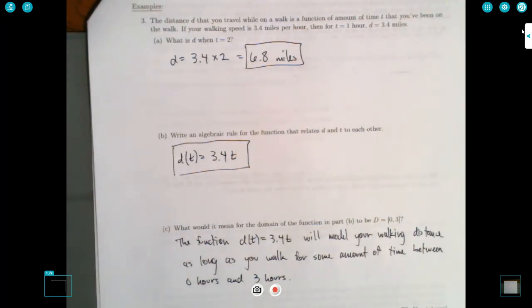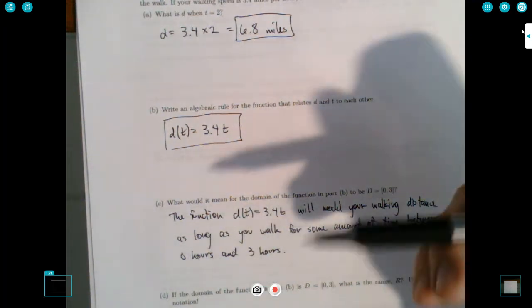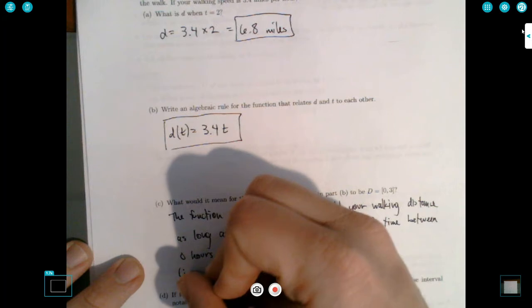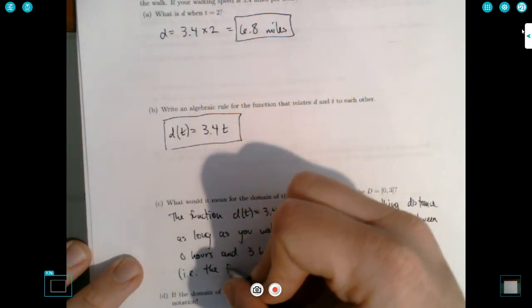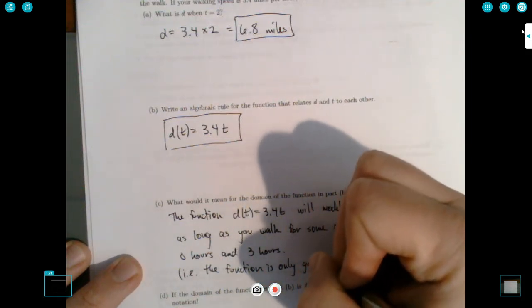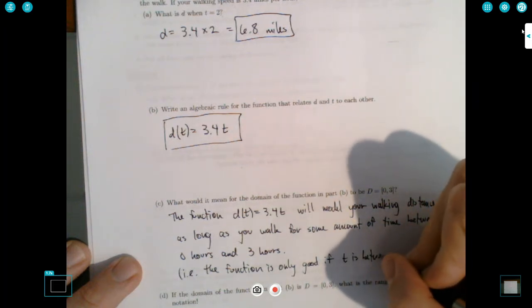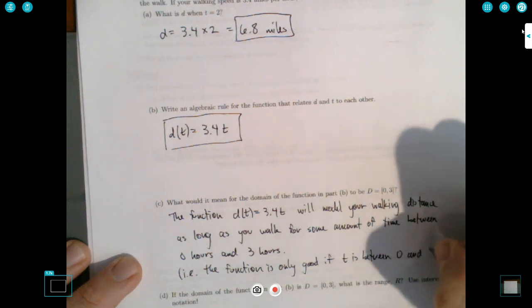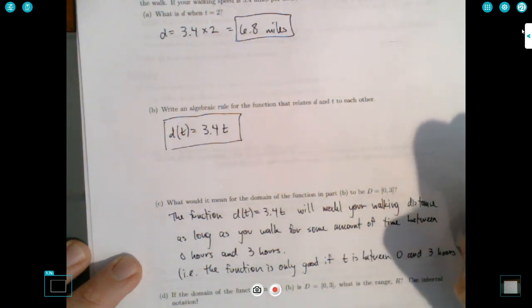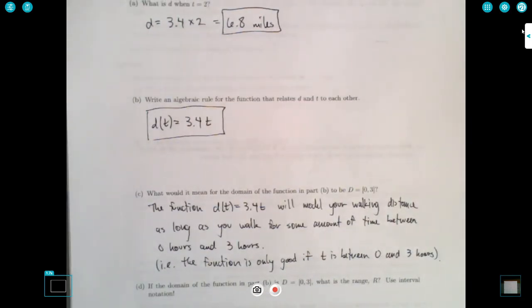So maybe after 3 hours you start to get tired, and so your pace slows down and you're not walking at 3.4 miles per hour anymore. So this function is only good if t is between 0 and 3. In other words, i.e., the function is only good if t is between 0 and 3 hours. Okay, so that's what it would mean for the domain of the function to be the interval 0 to 3.